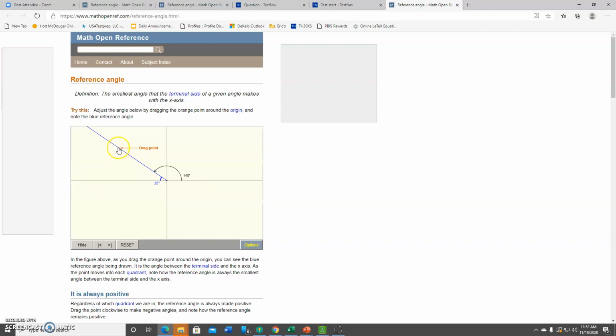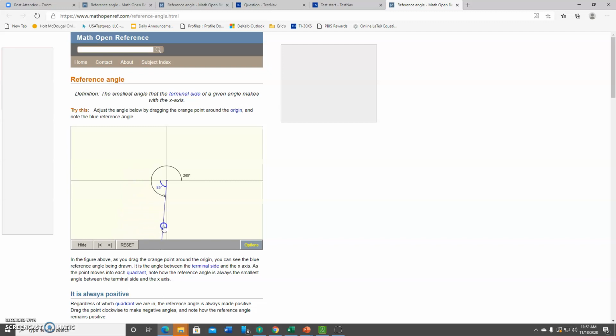As I move this around, it starts to illustrate what we're actually looking at when we're looking at reference angle. So here's my x-axis. I'm in quadrant 2. The closest, smallest angle between the terminal side and the x-axis is right here. But as soon as it goes in quadrant 3, it's the same x-axis, there's my terminal side.